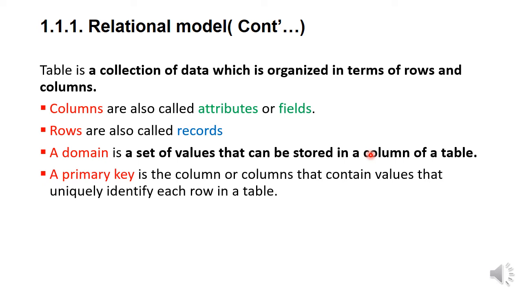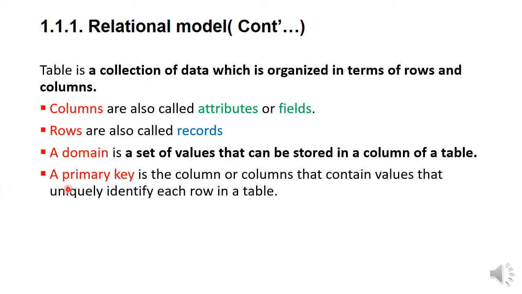What is a primary key? Remember that within a database we have many tables, and each table has many columns. The number of columns of a given table is what is called the degree of a table.